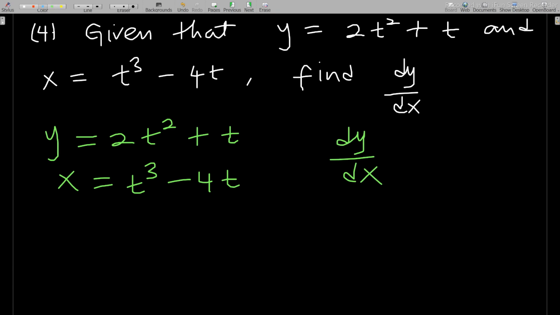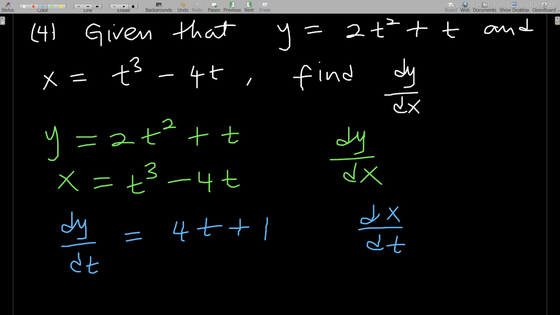To find dy/dx, first find dy/dt, and you get 4t + 1. It's just the normal differentiation. Then you find dx/dt, and that too will give you 3t² − 4.